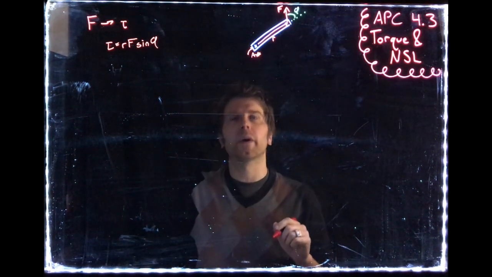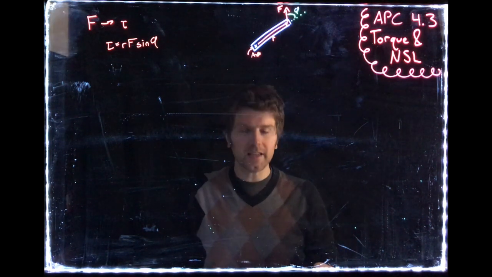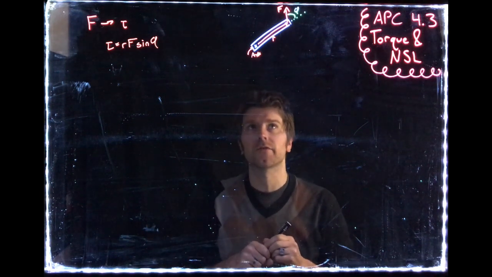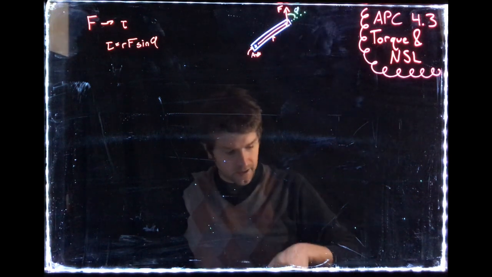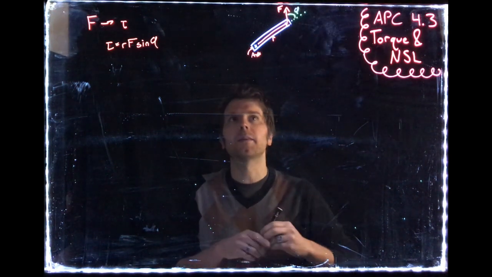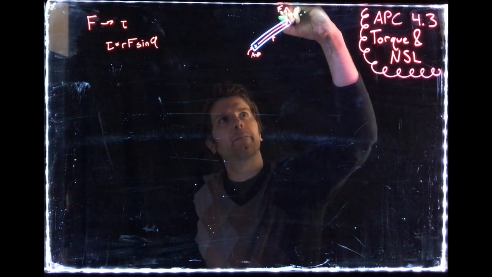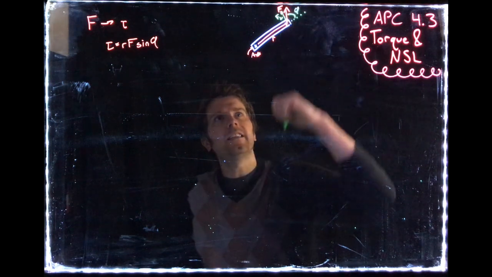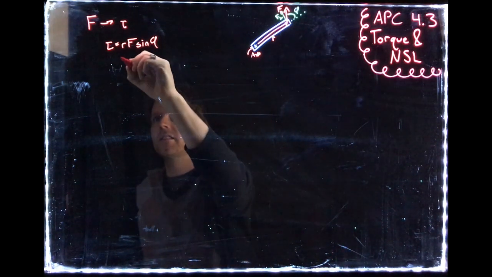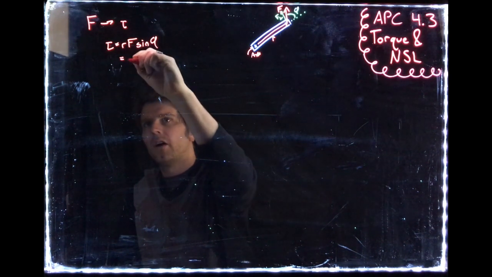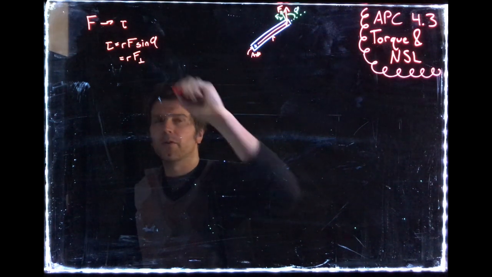And I want to note real quick, why sine? Well, in this case, we can always interpret these sines and cosines as also being components. So if I do F times the sine of that angle, what I'm really getting is the perpendicular component of my force. That is, this is the same as saying the distance r times the perpendicular component of my force.